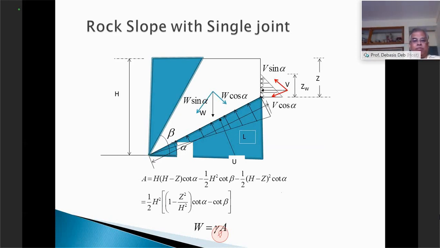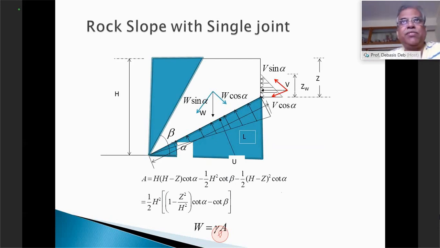So now we have to calculate what I showed, W sine alpha, W cos alpha, and V sine alpha, V cos alpha. And now we have to calculate this W, this is the weight. इसके लिए मैंने एरिया निकाला, area is the total area minus this shaded portion, so this comes something like this. Okay, that is the area of that block.